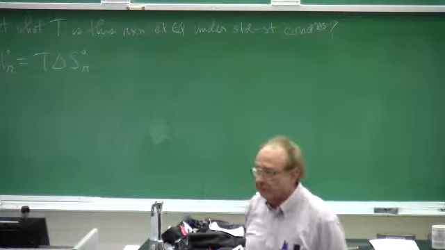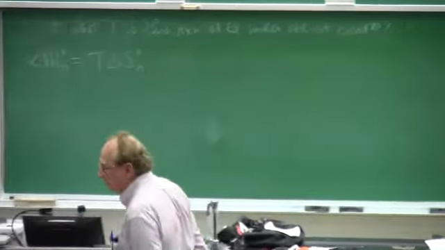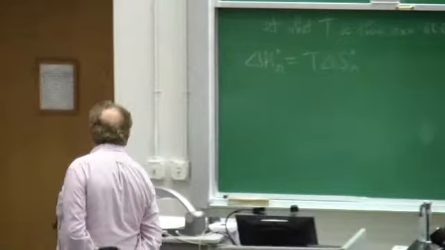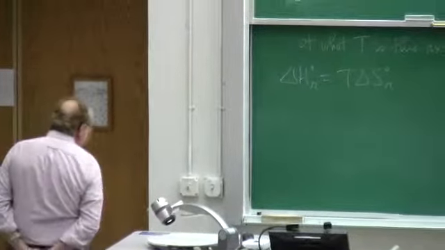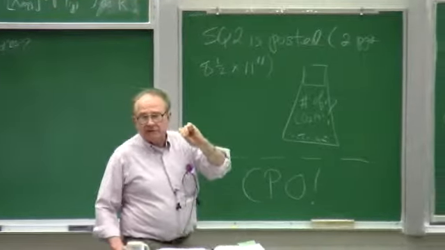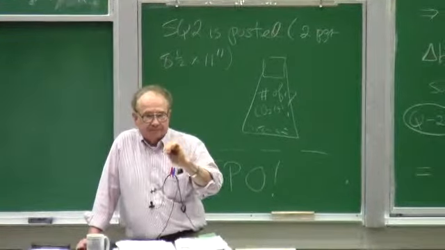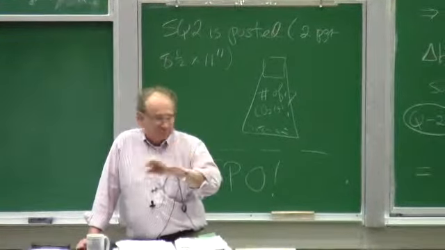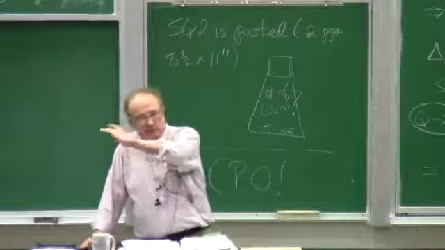Same for delta S0. We're not concerned with that. You'll find out that as long as for a temperature range, phases of components of the system remain the same, then delta H0 and delta S0 will be about the same throughout that temperature range.